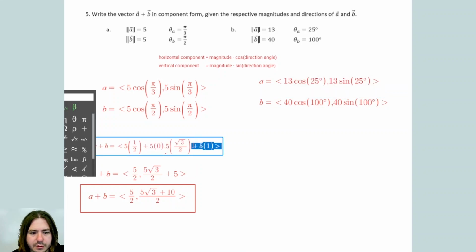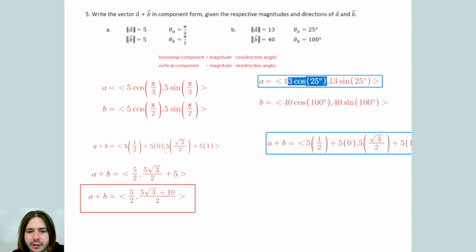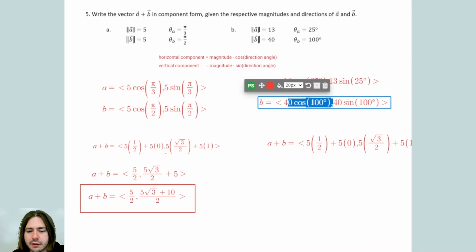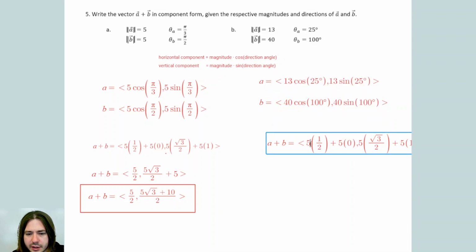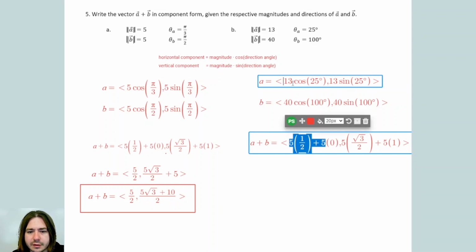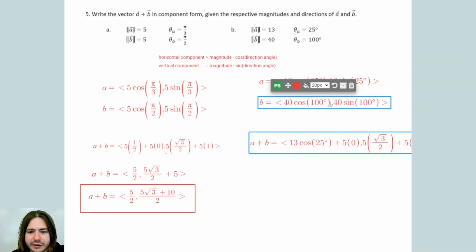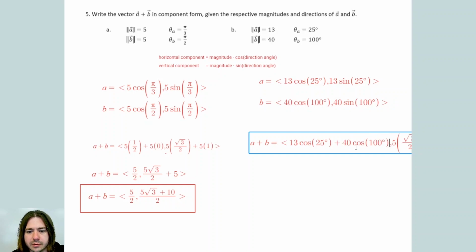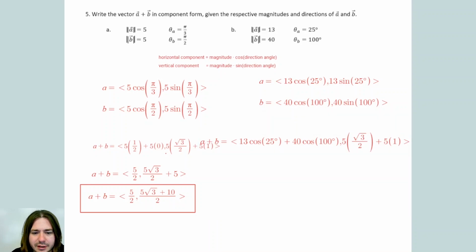So A plus B is going to be like this plus this as our horizontal component, and then we'll also add our vertical components to get the vertical one. So we've got 13 cosine 25 plus 40 cosine 100, and then I might just, can I just hit enter?